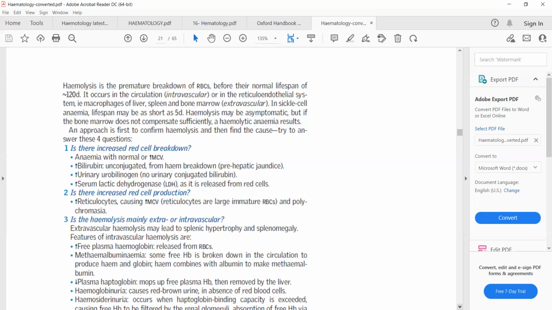First, you need to look at the complete blood picture, bilirubin level and LDH level to identify if there is increased red blood cell breakdown. So someone with anemia, yellow discoloration of skin and eyes, or dark color urine, and increased LDH and reticulocyte count, you will suspect hemolytic anemias.